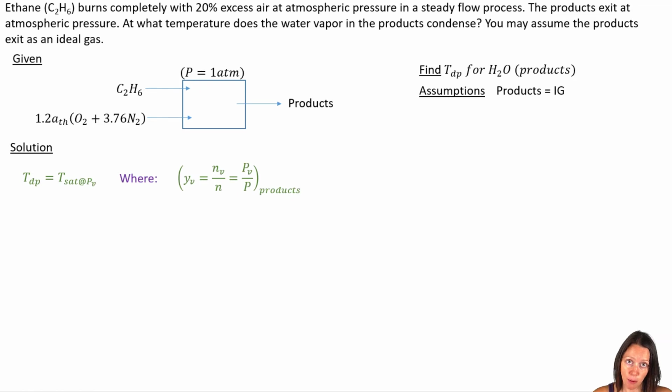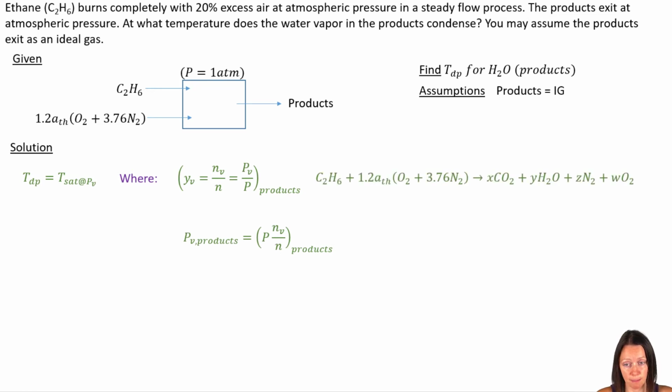And since I'm assuming the products exit as an ideal gas mixture, I can use the combination of the ideal gas law and Dalton's model to relate the mole fraction of the water vapor to the partial pressure of the water vapor. The reason I want to do this is because I can get that mole fraction from the balanced chemical equation for this combustion reaction.